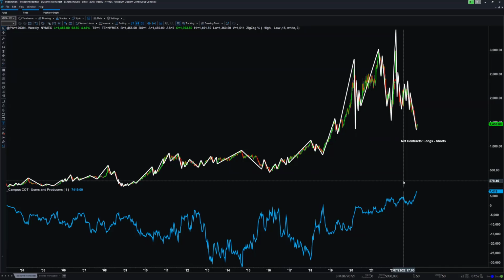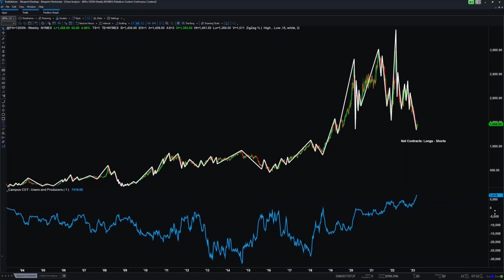So by looking at the net positions first, and by looking at palladium first. If you're looking at palladium and you're looking at this area right here, you want to put that into context of the past weeks, the past months, and the past years.